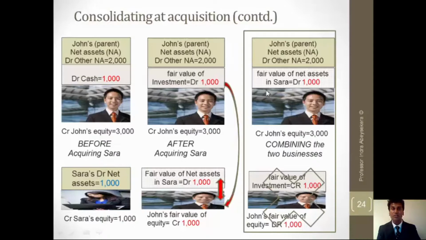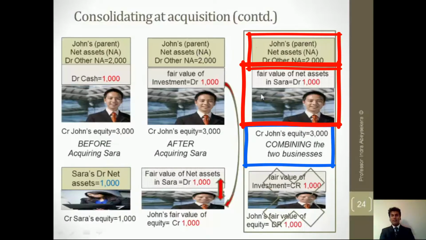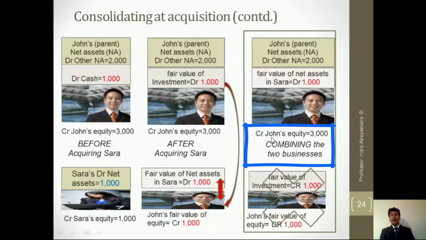So in the business combination, here's John's net assets, here's the fair value of net assets bought in Sarah that belongs to John now, and here's John's equity in the parent because John bought 100% of Sarah. So there's only one John here in the business combination.